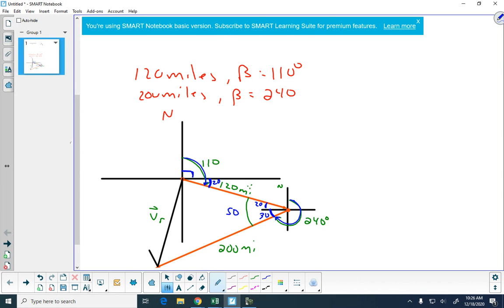So now we know two sides and the included angle. Set yourself up a law of cosines equation to find VR.